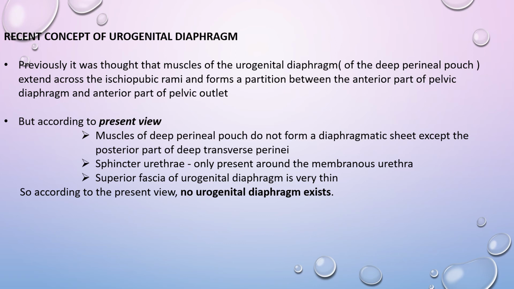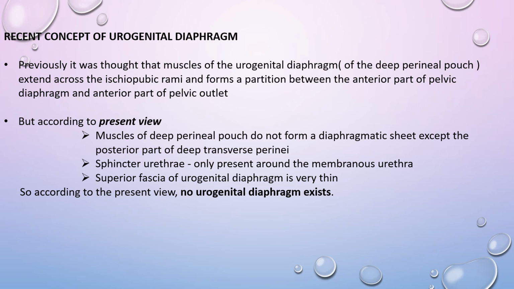But according to present view, the muscles of the deep perineal pouch do not form a diaphragmatic sheet except the posterior part of the deep transverse perineum.